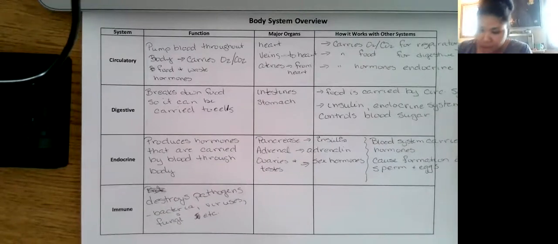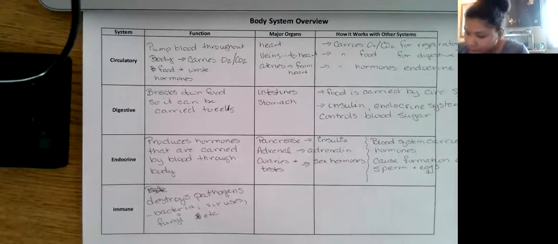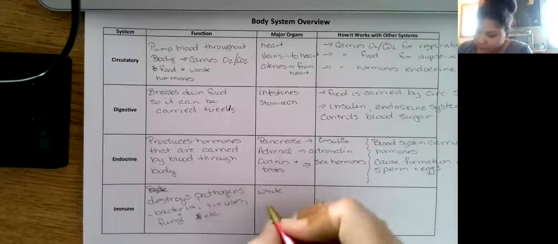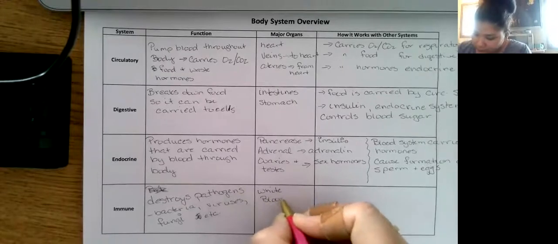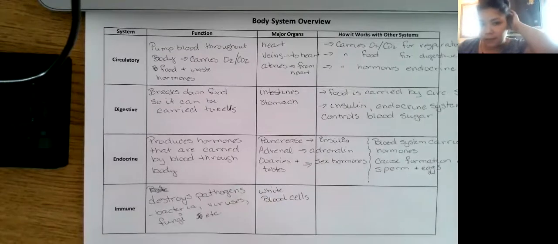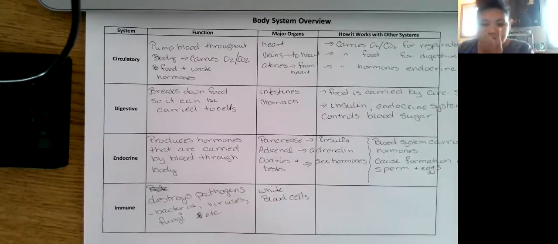So I'm really waiting for somebody to do the presentation on the major organs of the immune system. I'm going to have to Google it later, but one thing, and it's the easiest one, is white blood cells. They're not exactly an organ, but they're definitely some of the most important parts of the immune system.